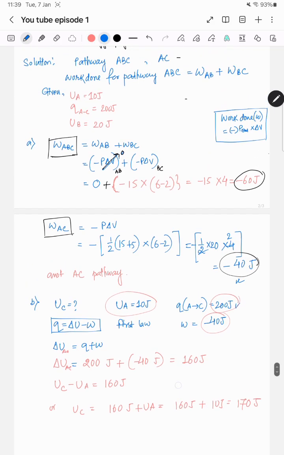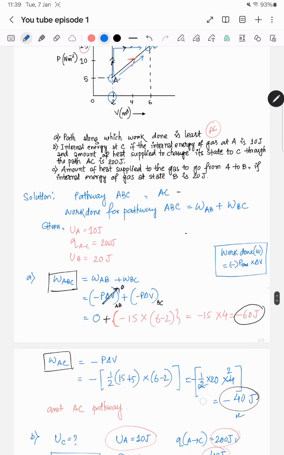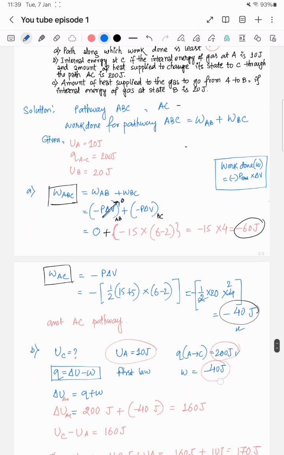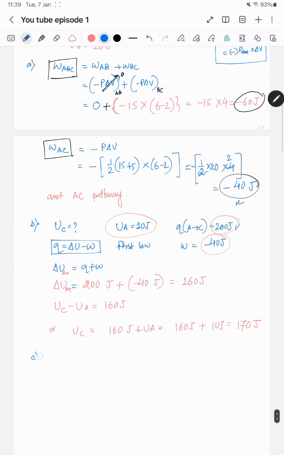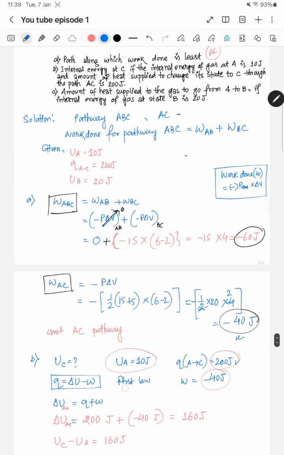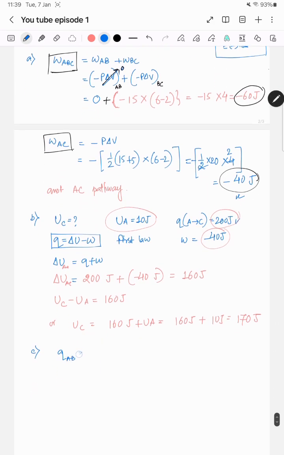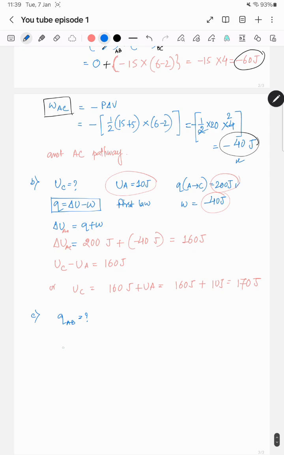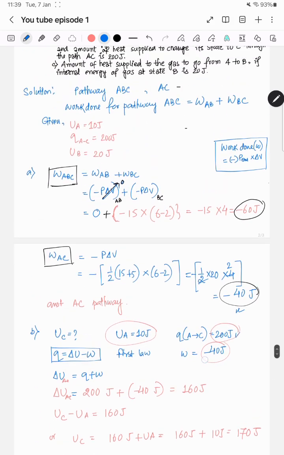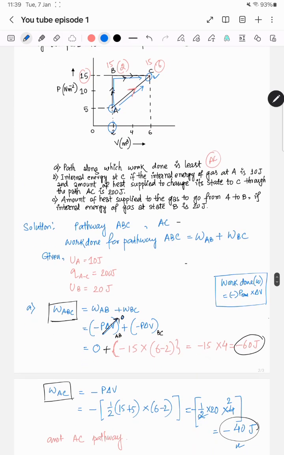Now the third question: the amount of heat supplied to the gas to go from A to B. So we have to find out Q for the pathway A to B. Again we will write Q equals delta U minus W. Now, in the first question, when we were solving the work done for the pathway ABC, the work done for the pathway AB was 0, right?